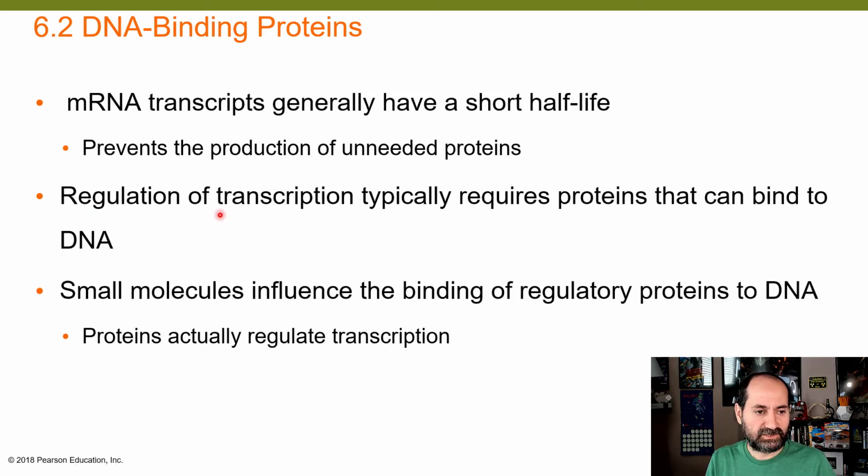So regulation of transcription typically requires proteins that can bind to the DNA. These proteins will either bind to the DNA and repress transcription, turn off gene expression, or they will bind to the DNA and promote gene expression, turn on gene expression.